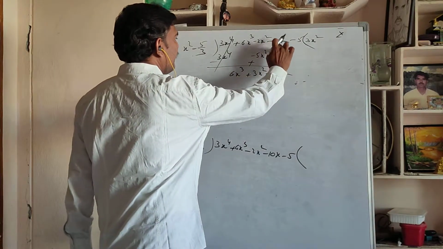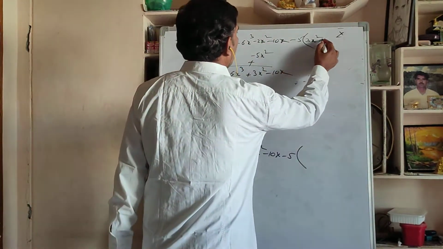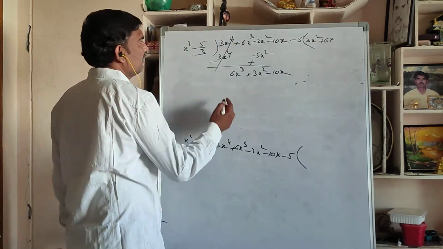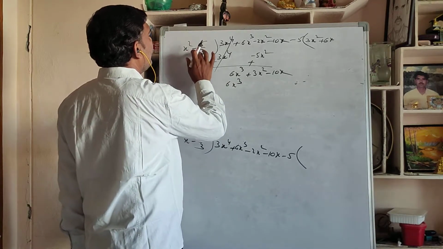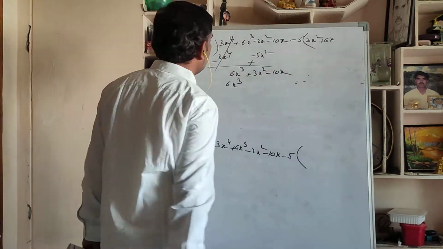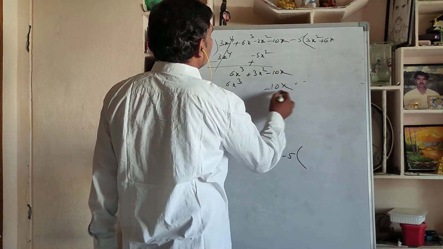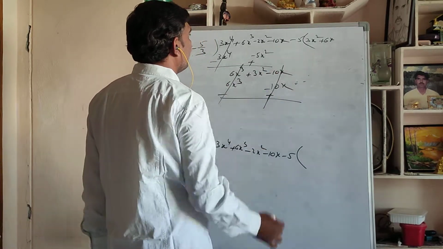Now x^2 is there, 6x^3 is there, so you have to write 6x. So you are getting 6x^3 here, and if you multiply minus 5 by 3 with 6x, you are getting minus 10x. Minus plus, these two will be cancelled.